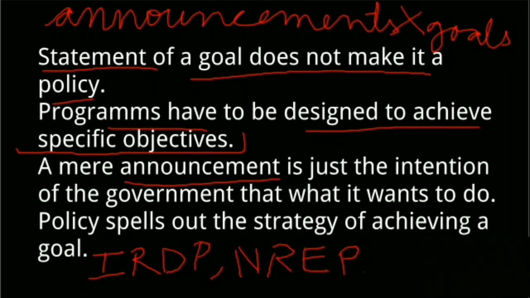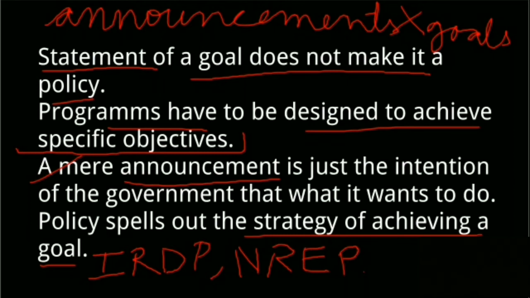Each of these programs has certain goals to achieve within a specified time, and each program is provided with financial resources and administrative personnel as well. These become concrete efforts to achieve a goal. Policy spells out the strategy of achieving a goal, basically. So you can say that policy is essentially an instrument to achieve a goal, and a statement of a goal does not merely make it a policy.